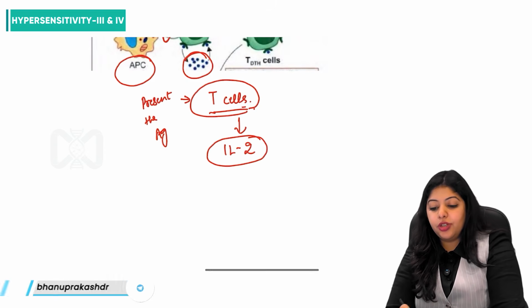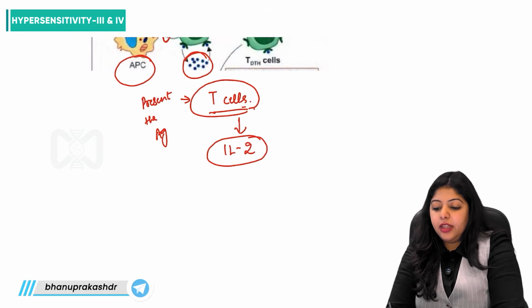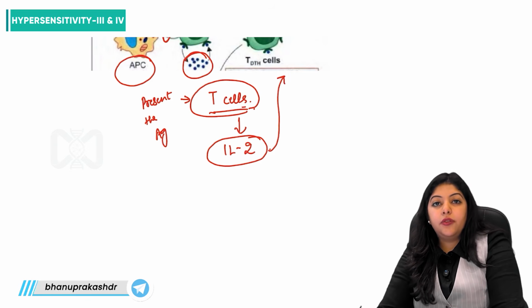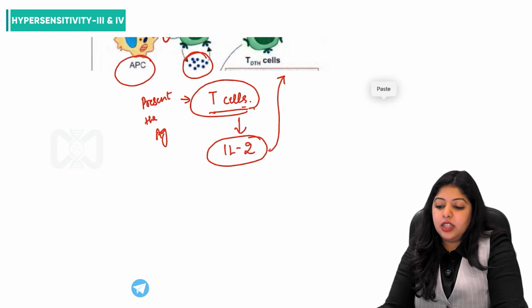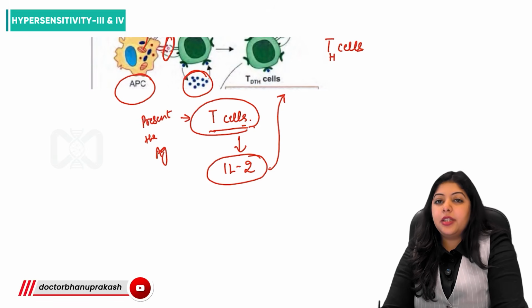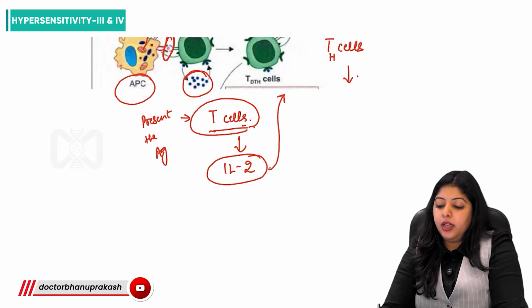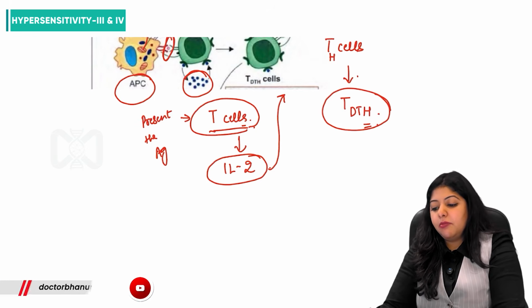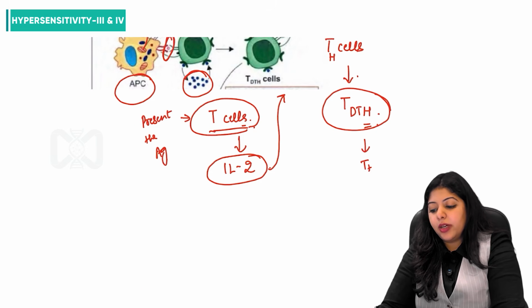Interleukin 2, which is a type of cytokine, is going to lead to proliferation or differentiation of these T cells or helper T cells into delayed type hypersensitivity cells.